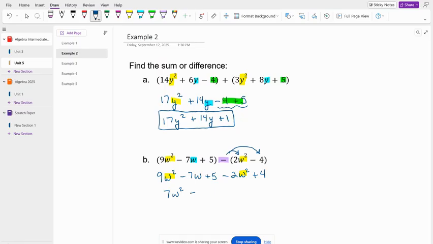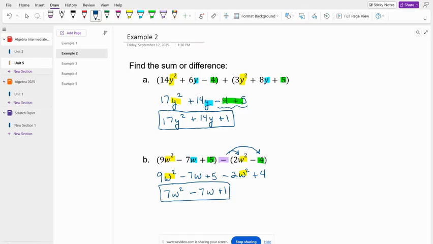So I'm just going to leave that the same, minus 7w. And then we look at that constant term. We have plus 5 minus 4. So we have 5 minus 4, which is plus 1.